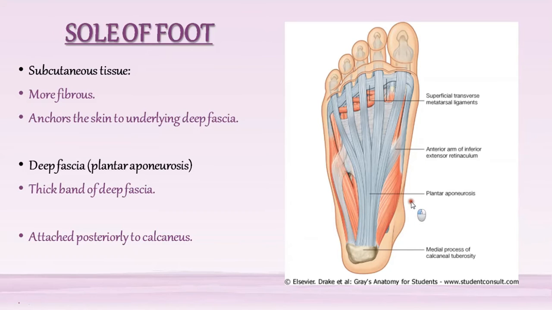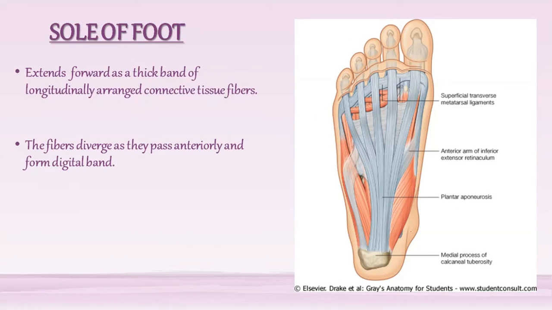Next to this subcutaneous tissue, there is the presence of deep fascia which is also called as plantar aponeurosis. The deep fascia, which is also called as plantar aponeurosis, is a thick band of deep fascia. Now this whole dark colored is the deep fascia which is called as plantar aponeurosis. This is the thick band which is attached posteriorly to the calcaneus, and it extends forward as a thick band of longitudinally arranged connective tissue fibers.